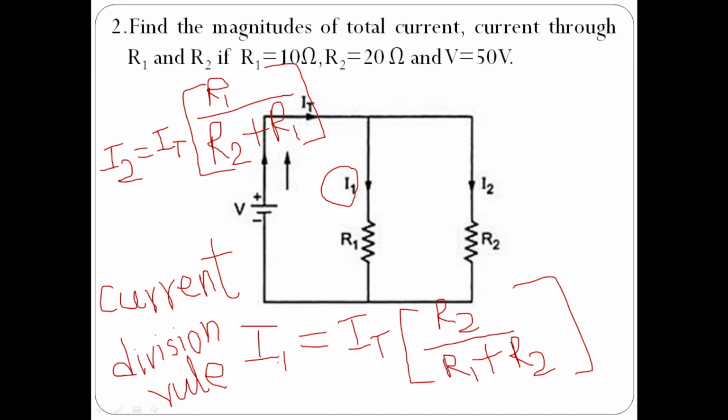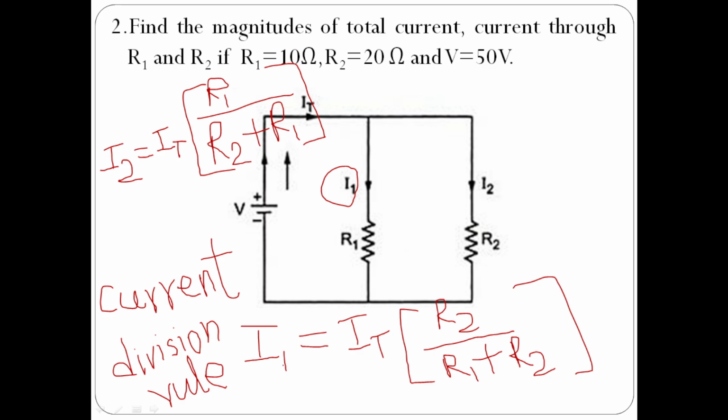According to the current division rule, I1 is equal to the total current entering this node and dividing at this node, into opposite resistance.